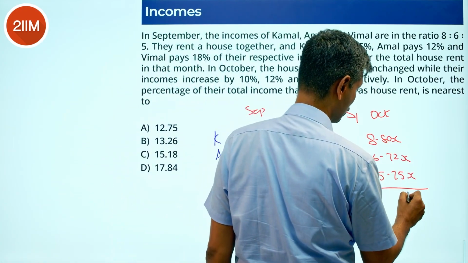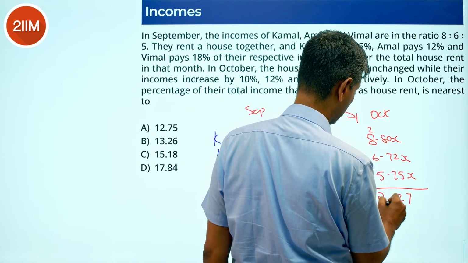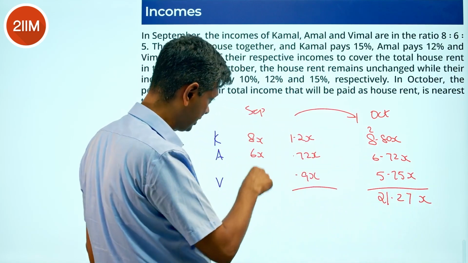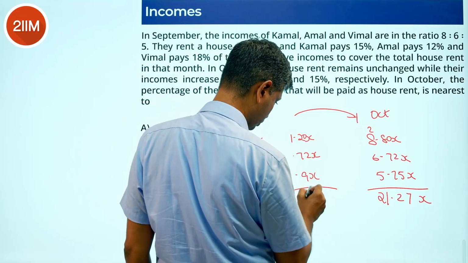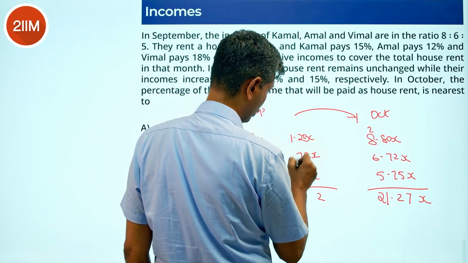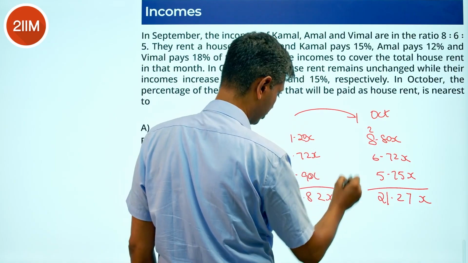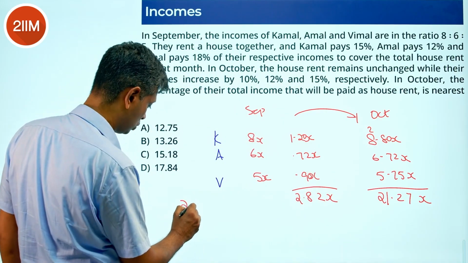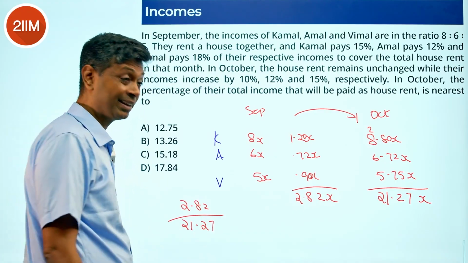That's 21.27x, seems the ballpark. The rent adds up to 2.82x. We have to represent 2.82 by 21.27 as a percentage.